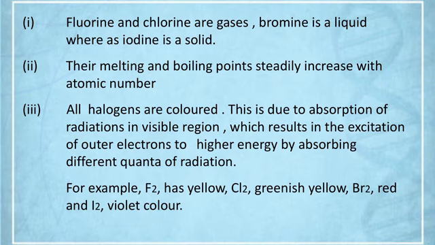F2, Cl2, Br2, I2. Okay? F2 and Cl2, they are gases. Bromine, Br2, is a liquid and iodine is a solid. So halogens are diatomic and this is the physical state. Fluorine, chlorine, they are gases. Bromine is a liquid, iodine is a solid.